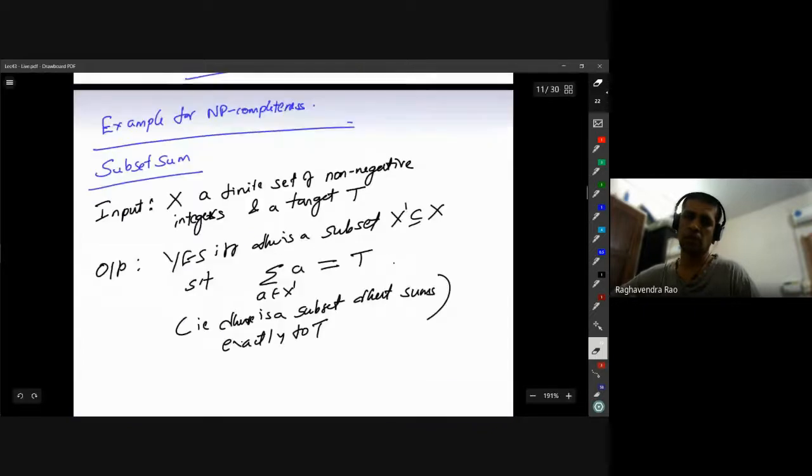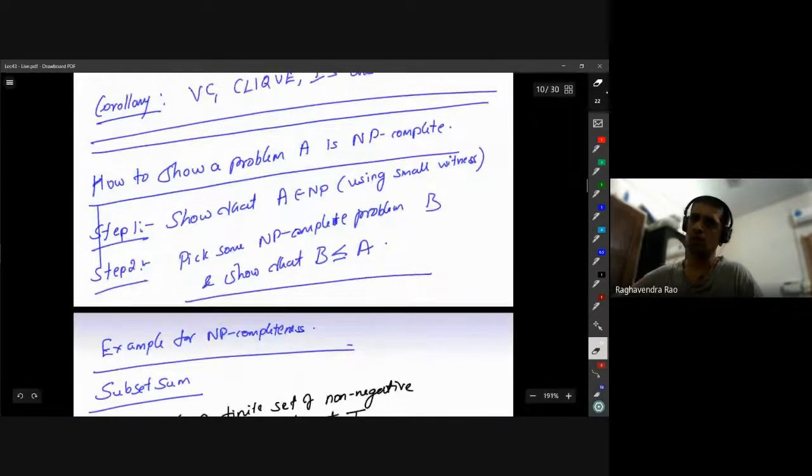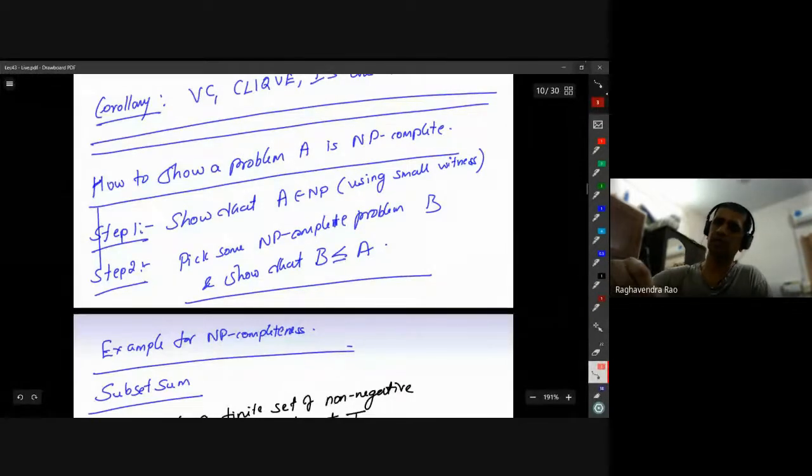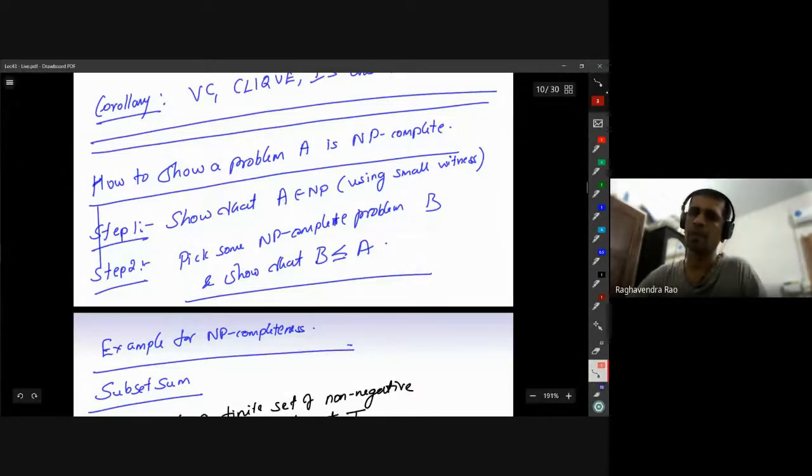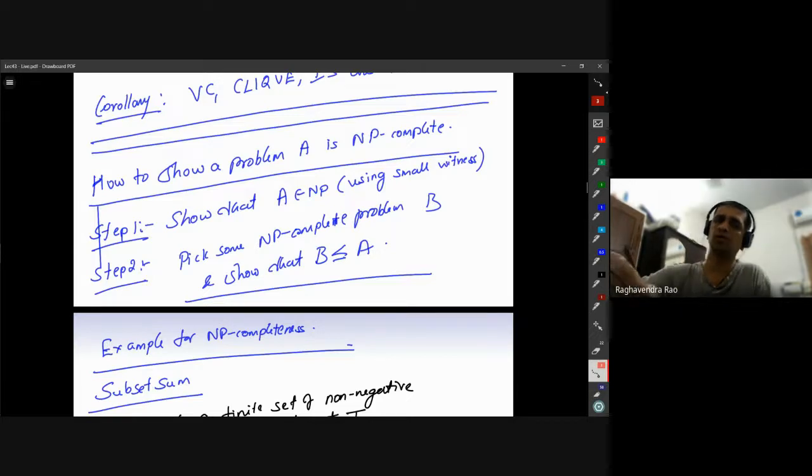So just to remind, to show a problem is NP complete, we need to show that it is in NP and it is hard for NP, or NP hard. So the first step is to show that it's in NP. Use the definition of NP through small witness characterization, or small witness property, and show that the given problem has the small witness property.